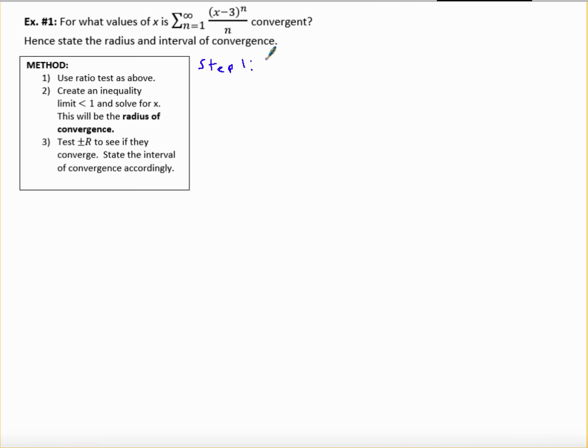So I'm going to take the absolute value of x minus 3 to the n plus 1 power divided by n plus 1. And then we're going to divide it by the whole original piece. So that would be x minus 3 to the n power divided by n.